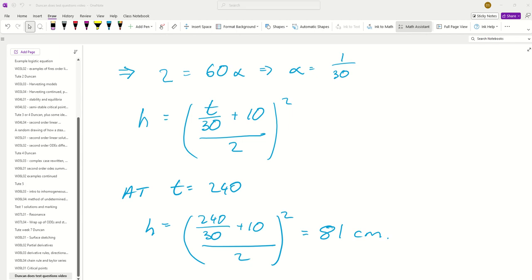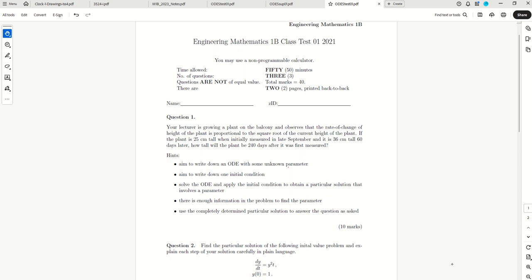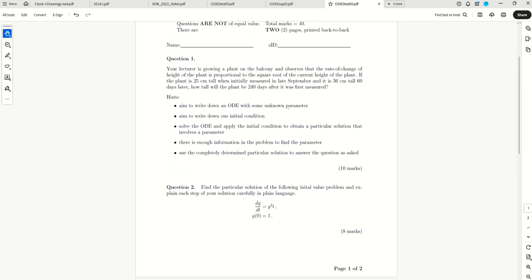Let's just look over the question again to make sure that we've done everything. Yep. Cool. All right, let's move on to question number 2. Find the particular solution of the following initial value problem and explain each step of your solution carefully in plain language.